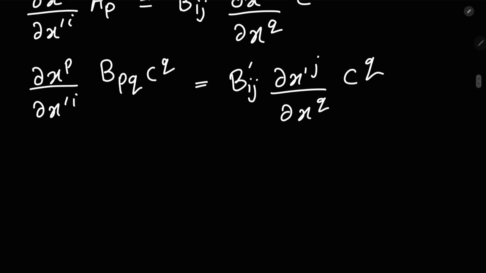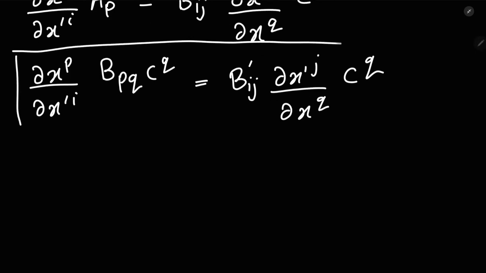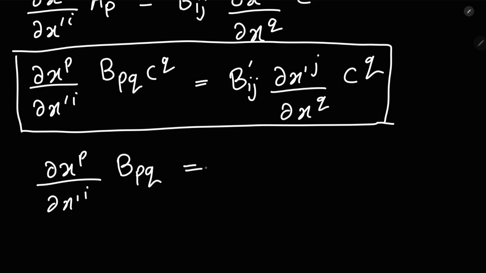From this equation we can clearly see, since this Cq is common here, that del xp upon del x prime i Bpq should be equal to Bij prime del x prime j upon del xq.